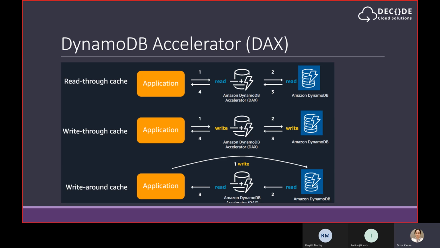While DAX in a 3 availability zone configuration is highly available, AWS recommends that you build your application workflow to allow for a configured fallback to work directly against DynamoDB, should you need to restart or replace your DAX cluster.